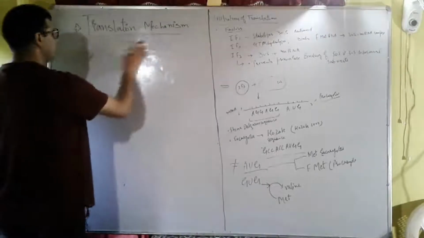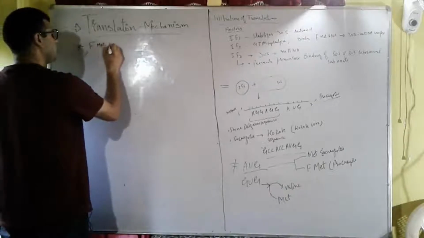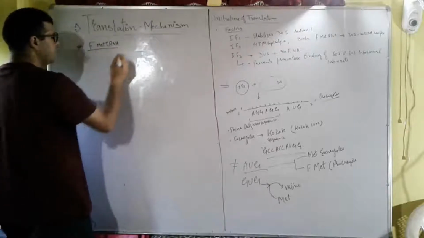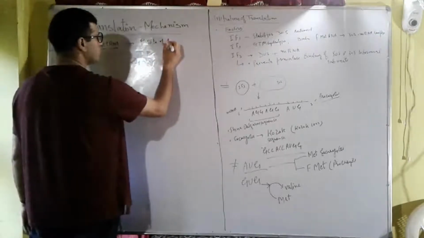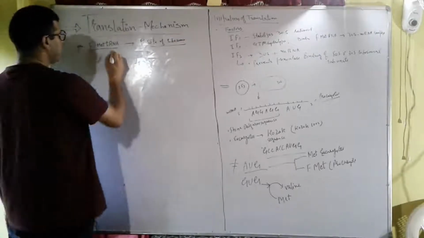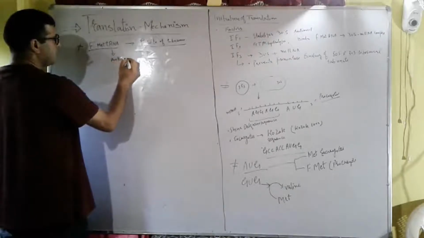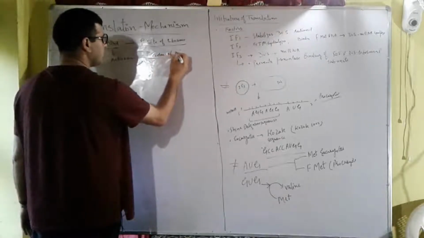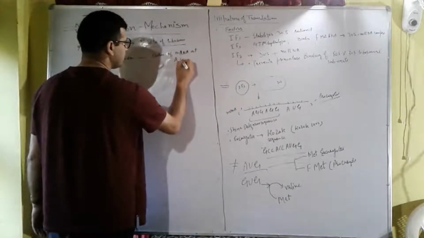See this formyl methionine tRNA. Formyl methionine tRNA arrives at the P site of the ribosome, and its anticodon establishes linkage with the codon of mRNA at the A site.